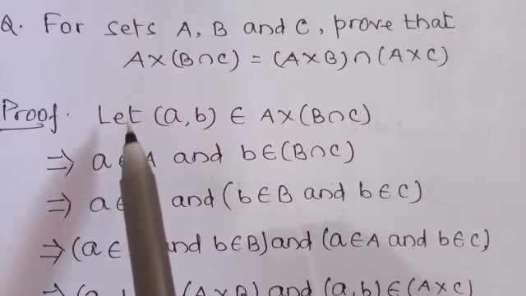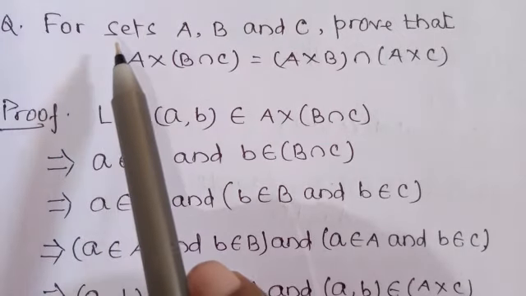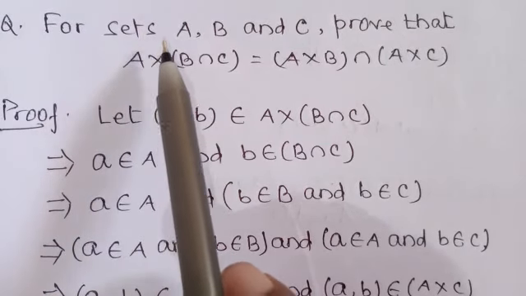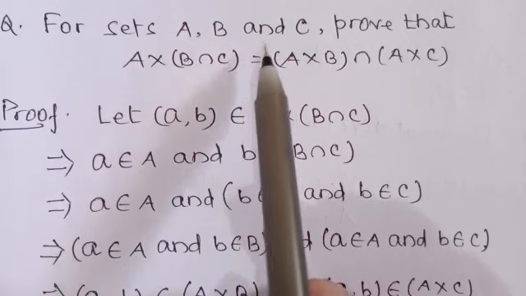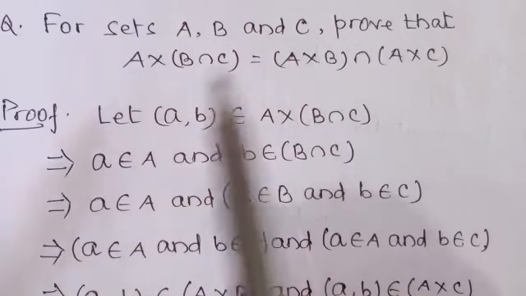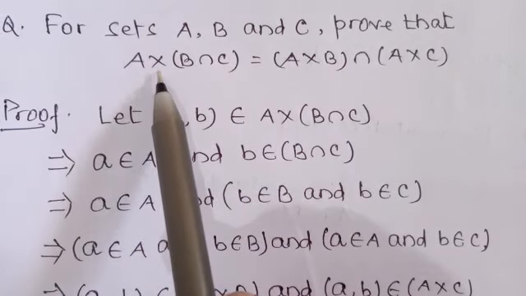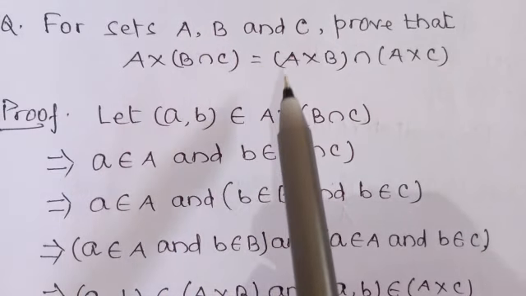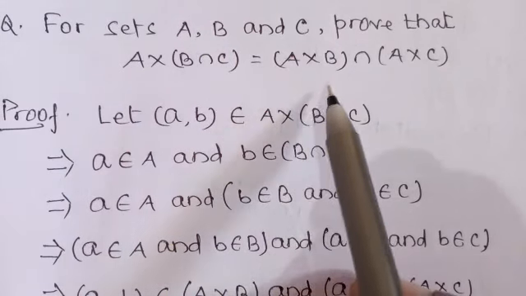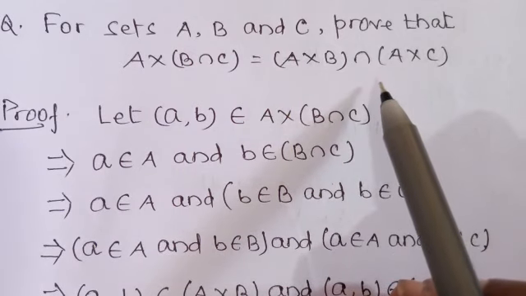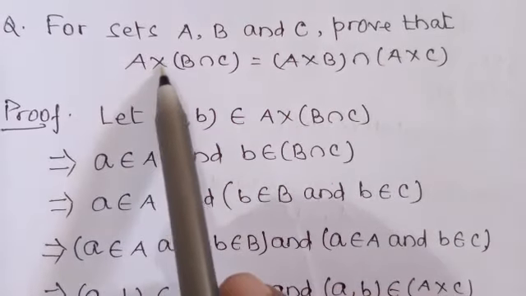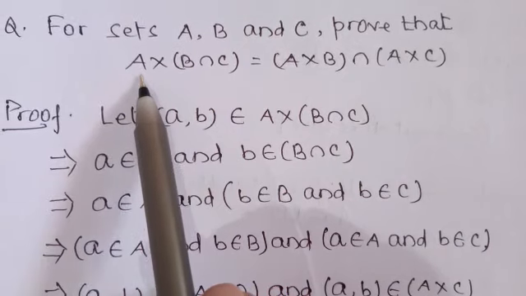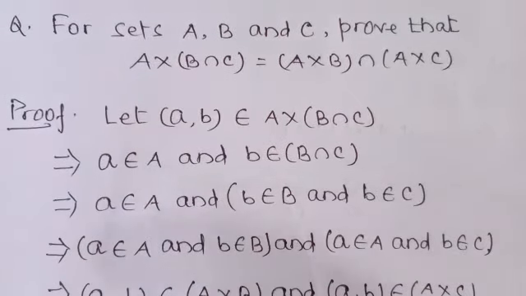The next question is, for sets A, B and C, prove that A cross (B intersection C) is equal to (A cross B) intersection (A cross C). Again, this is a Cartesian product, so we consider two elements, or you can say arbitrary elements.